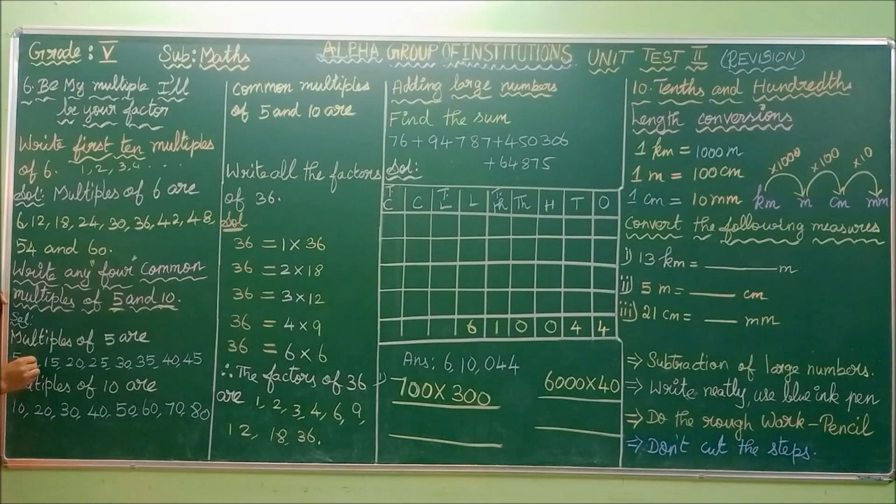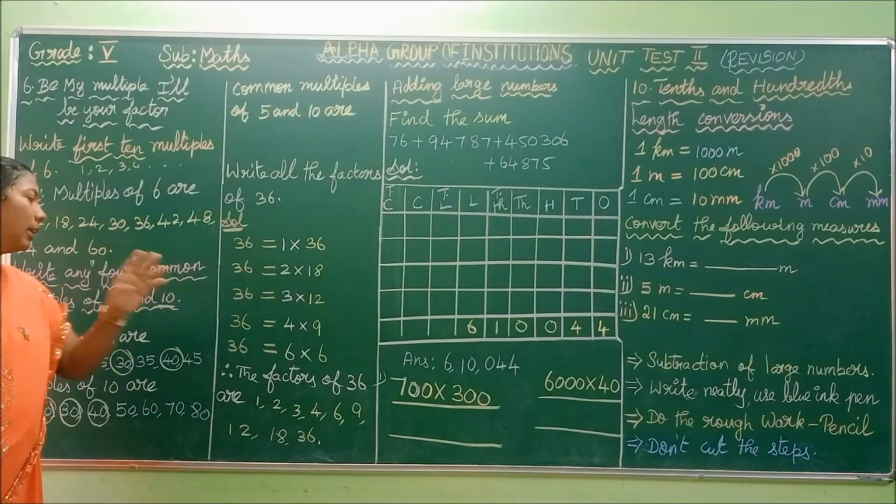See here, first here 5, here we don't have 5 because all the multiples of 10 end with 0 only. Okay, so here we have the 10, here also we have the 10, here we have the 20, here also we have the 20, here we have the 30, here also we have the 30, here we have the 40, here also we have the 40, here also we have the 50, here also we have the 50. But in the question they are asking only for 4 common multiples.